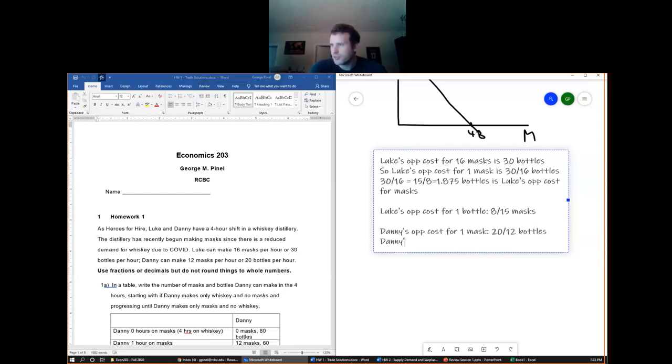And Danny's opportunity cost for one bottle will be 12 divided by 20, or 6 divided by 10, or 3 divided by 5 masks. Just wanted to simplify that and had to do it in my head. Sorry about that. So this should be 20 divided by 12, or 5/3 bottles.